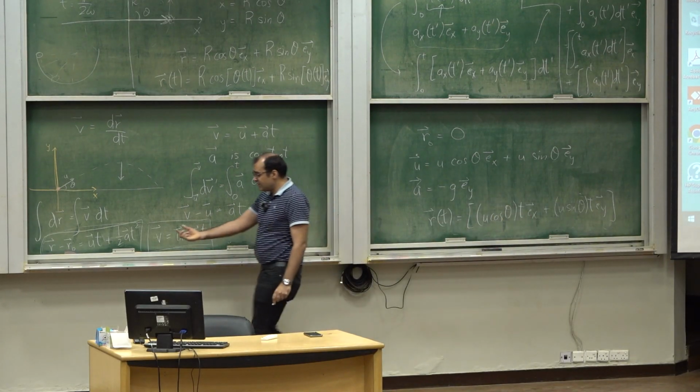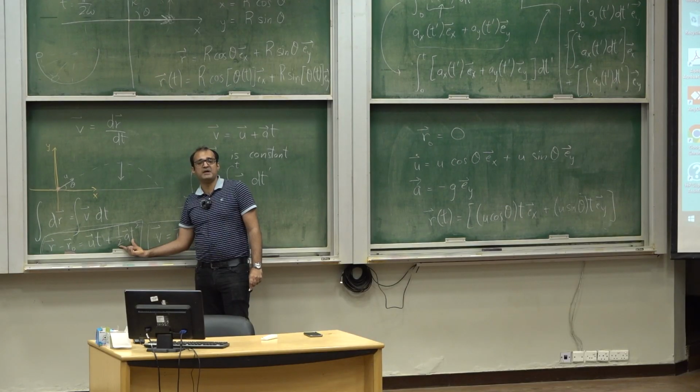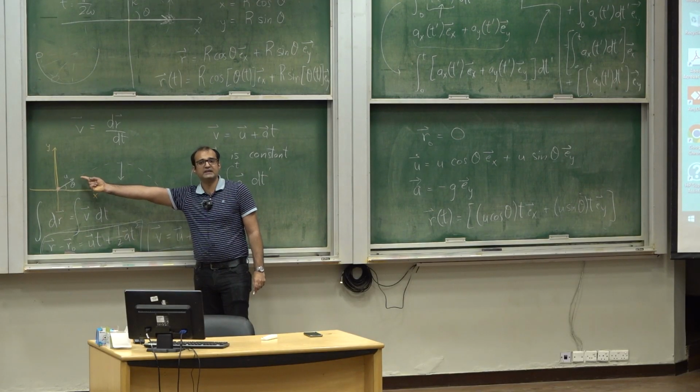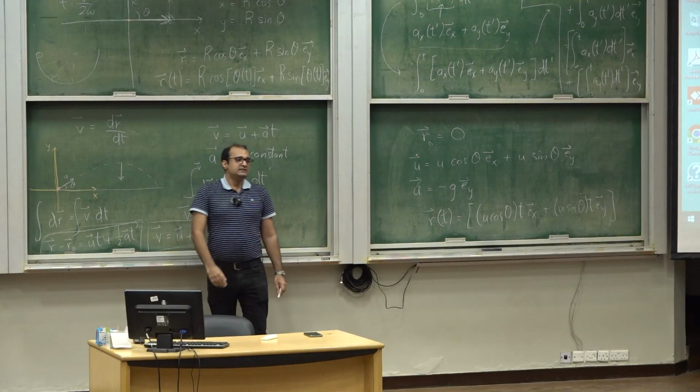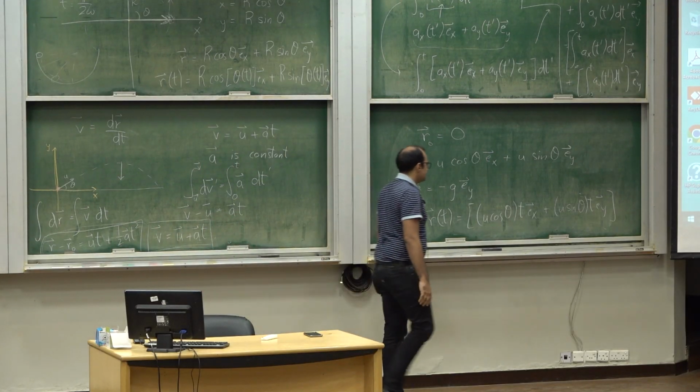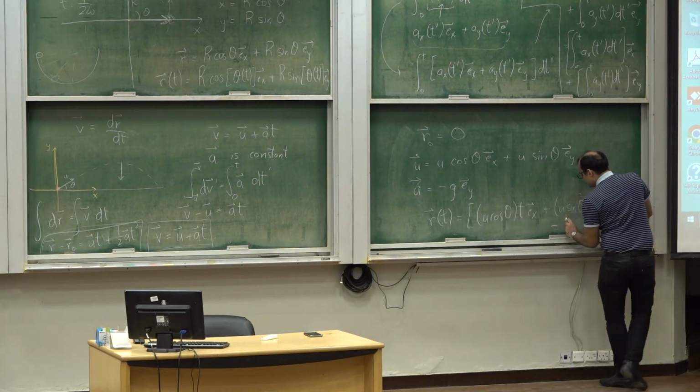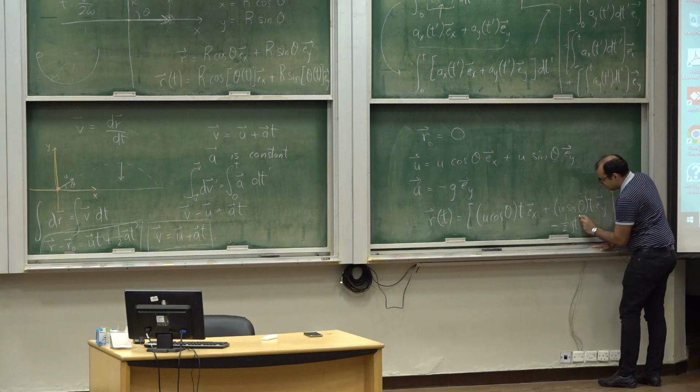Now see the advantage: with this choice of the coordinate system, the acceleration only has one non-zero component. So you just get minus half g t square Ey.